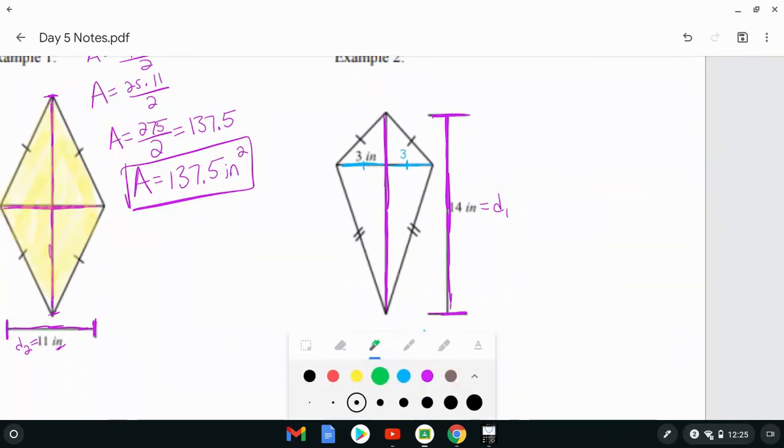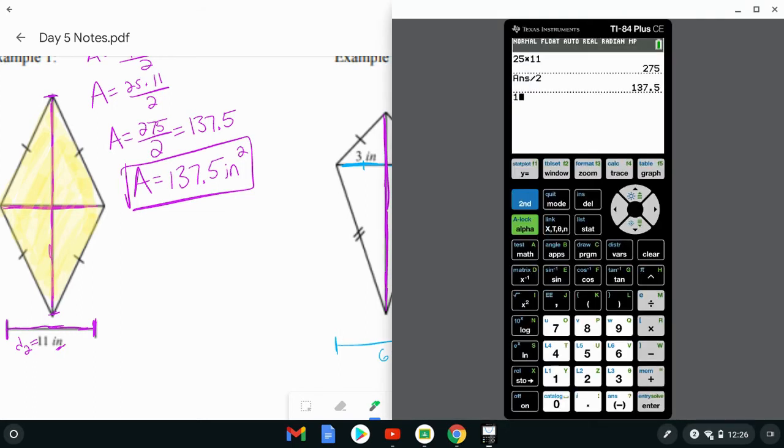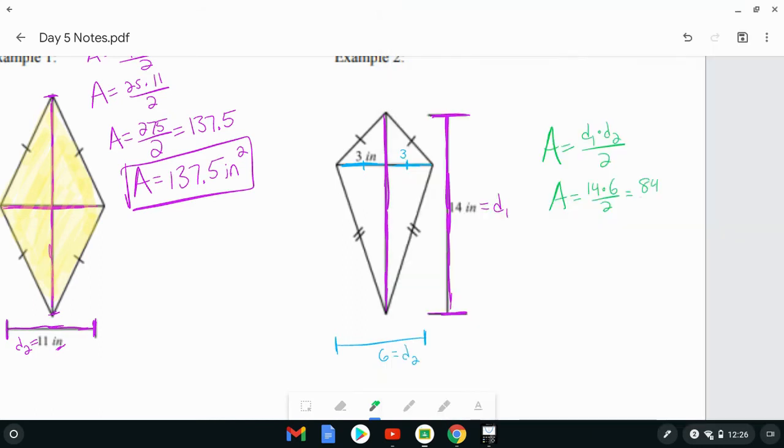So we can apply the formula, area equals D1 times D2 divided by 2. Plug them in: 14 times 6 all over 2. 14 times 6 is 84. And then divide it all by 2, you end up with 42.